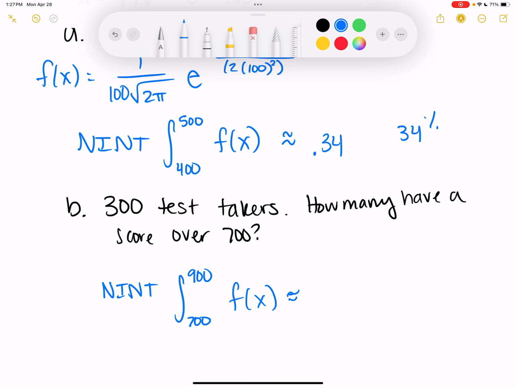So would it be f of x dx? Yes, technically speaking, I'm just not writing that for the sake of time. But yes, it would be 0.022. Now, that's for one person. There's 300 test takers, so I would do 0.022 times 300. And that would end up giving us 6.6 test takers who would get that score.